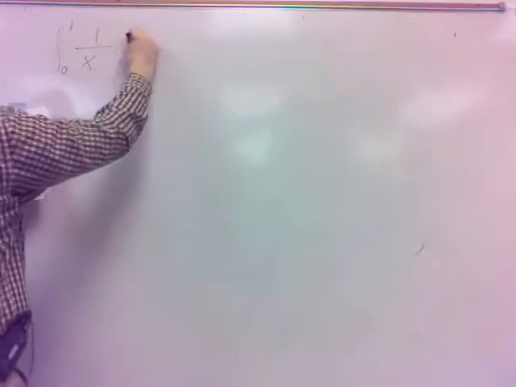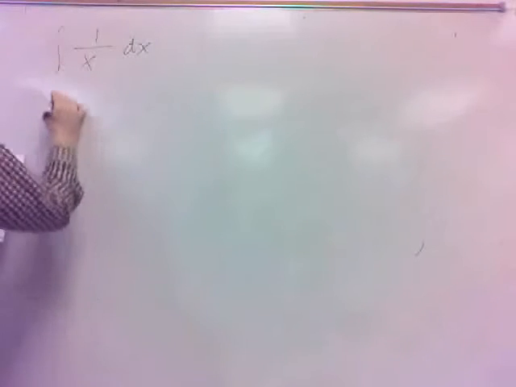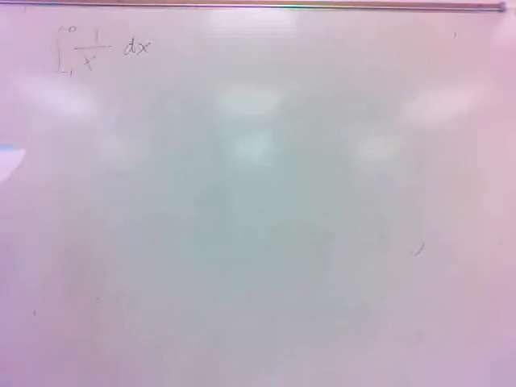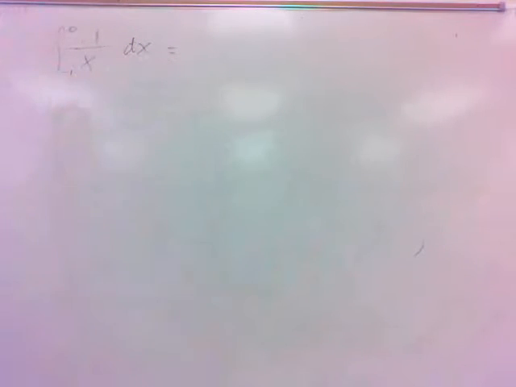Let's see if it works out for 1 over x. Oh, let's do this. Sorry. Negative 1 to 0, yeah. It works basically the same for 0 to 1, but let's do 0 to negative 1.